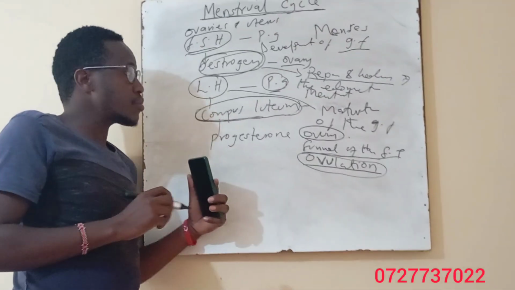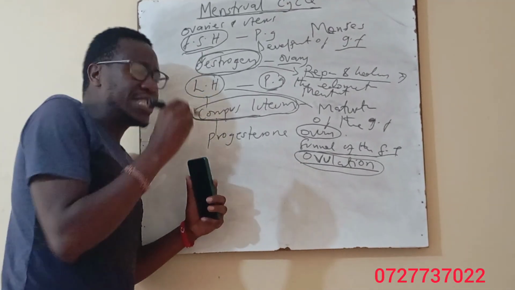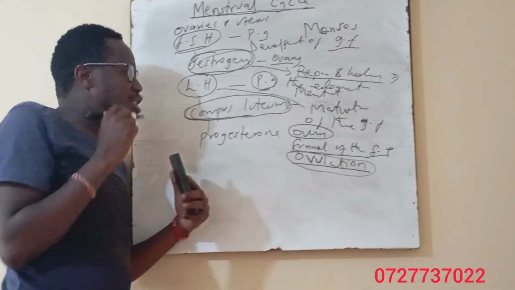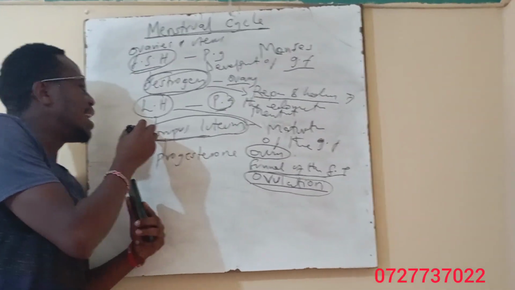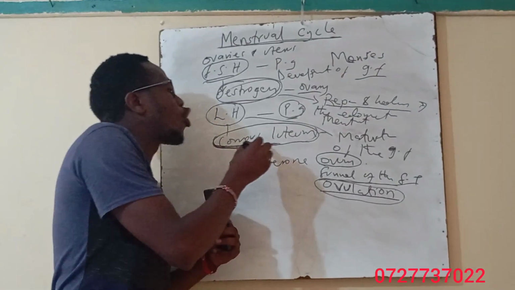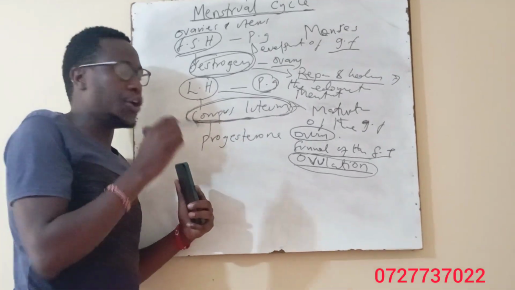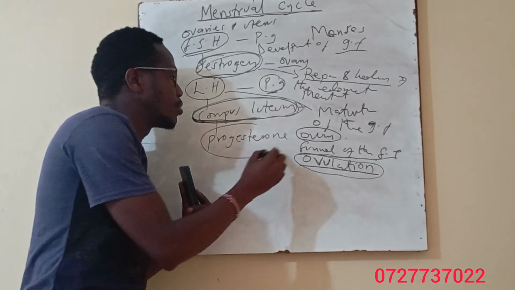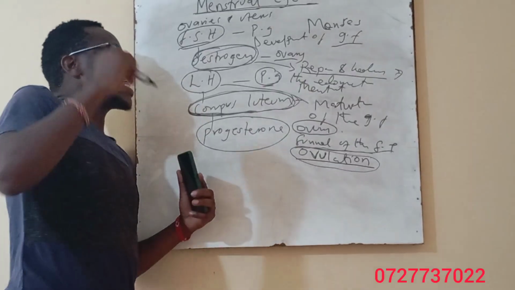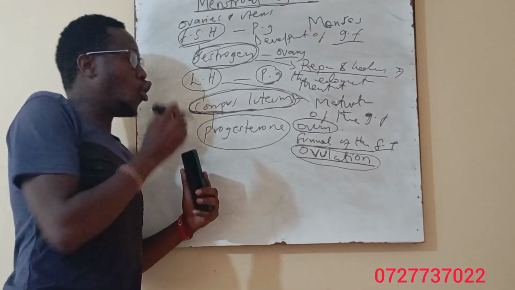Now, the luteinizing hormone stimulates the corpus luteum to release another hormone known as progesterone.